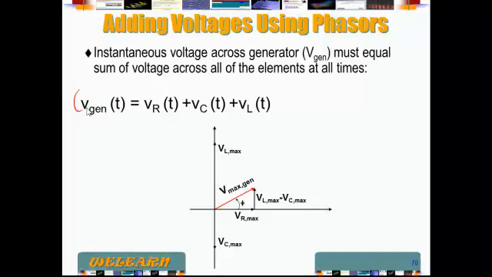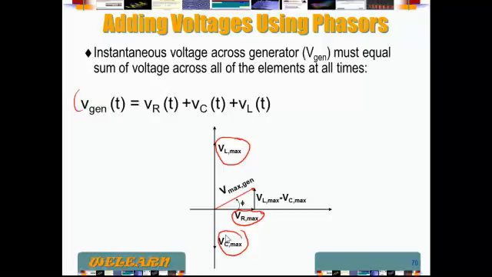Now, remember also the phasor diagram is going to have the VL max, the VR max vector, and the VC max vector. And these are going to be rotating counterclockwise as time progresses.